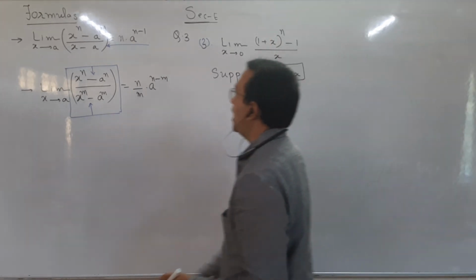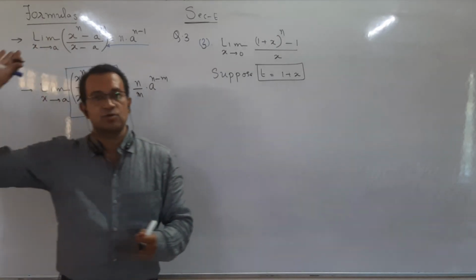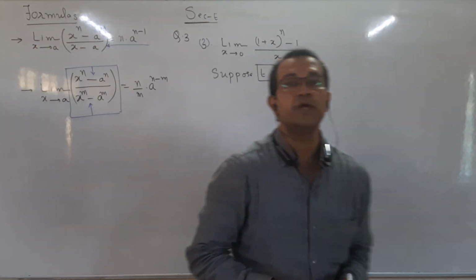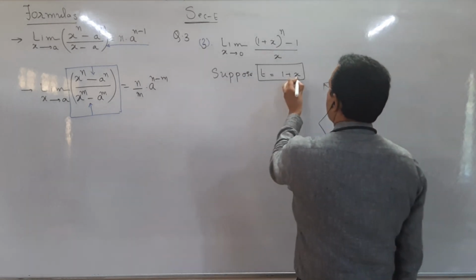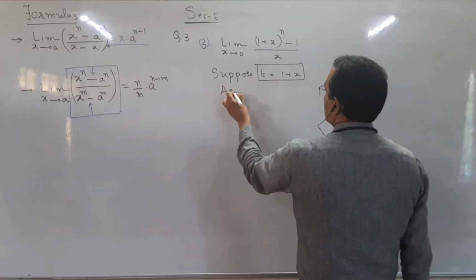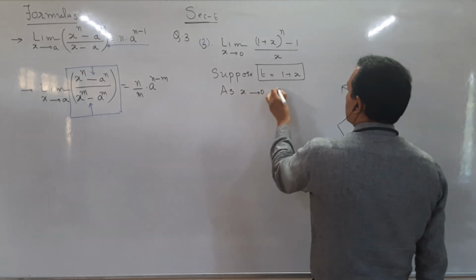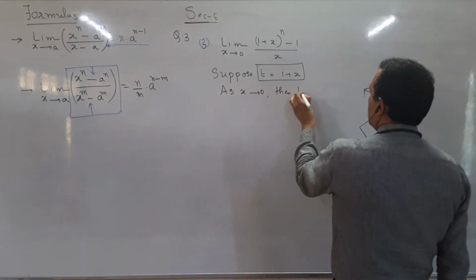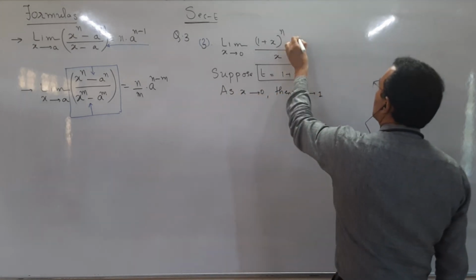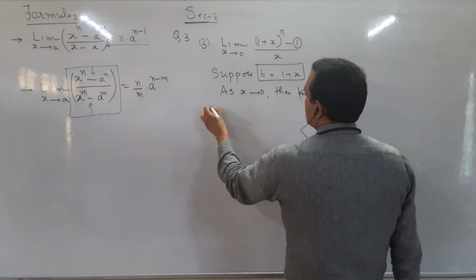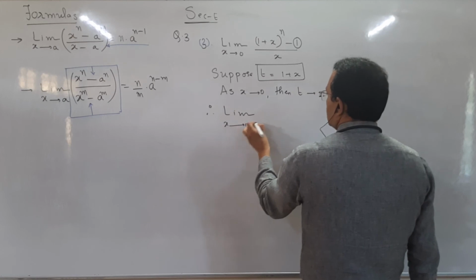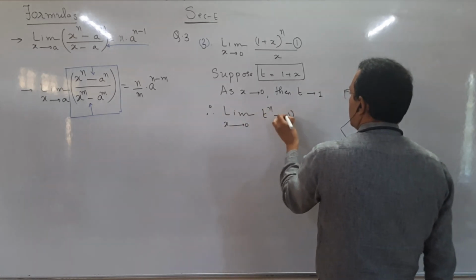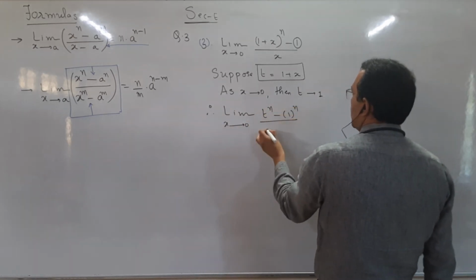According to the formula, we should have only x or t or y, whatever the variable is. Now I take x as 0, then t tends to 1. 1 is also written as 1 raised to n. Check limit x tends to 0, t raised to n, power is n, so 1 raised to n.